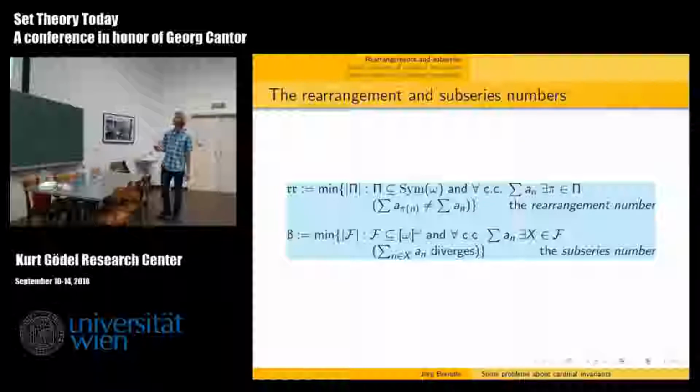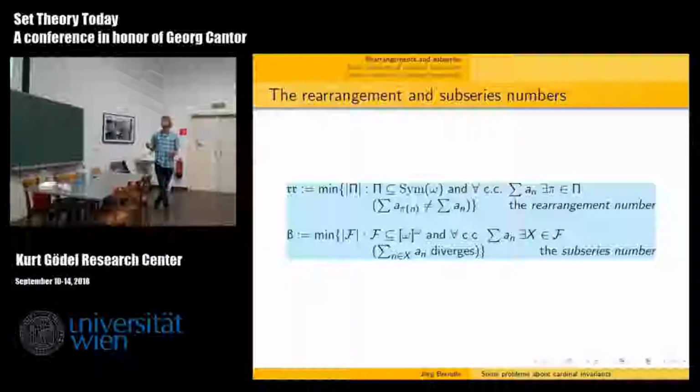So what's the difference? This time, for the rearrangement numbers, we asked about divergence of rearrangements. Now we ask about divergence of sub-series.